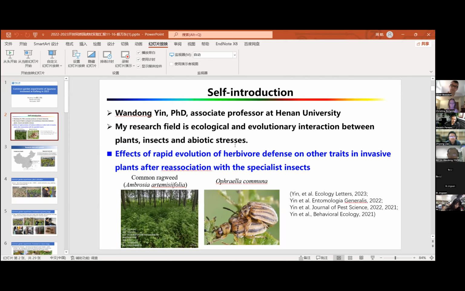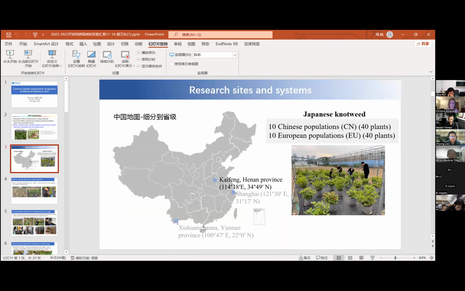And in the past 4 years, I joined Professor Dean's group and especially focused on the effects of repeated evolution of herbivore defense on other traits, such as biotic stress tolerance in invasive plants after reassociation with the specialist insects, by using the worldwide invasive plant common ragweed.